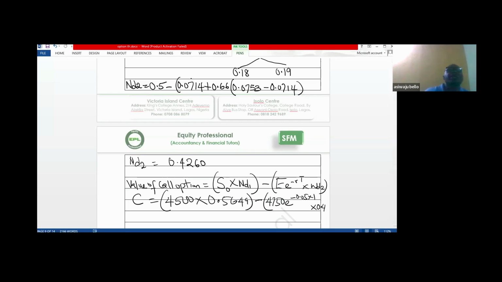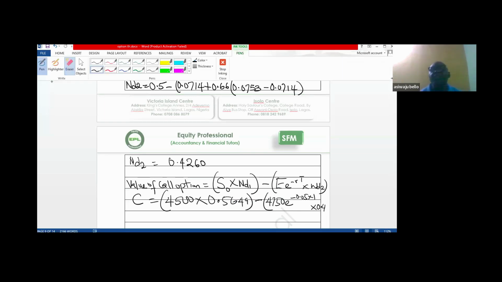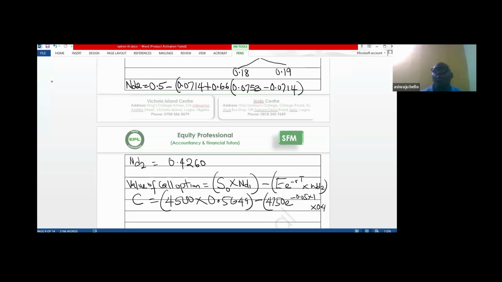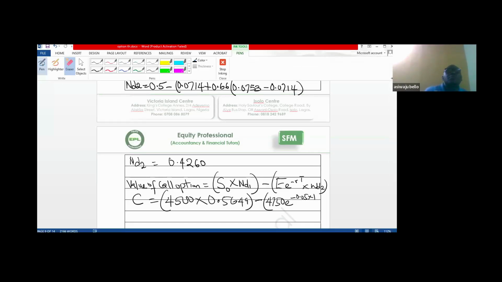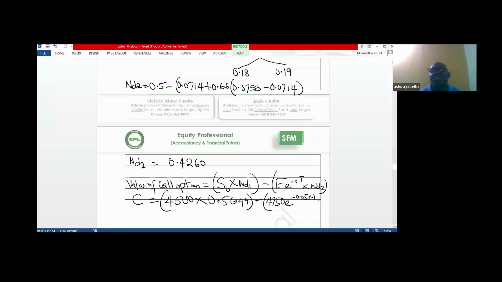Let me put it here very well because of space. Everything multiplied by 0.4260. Please work this out.